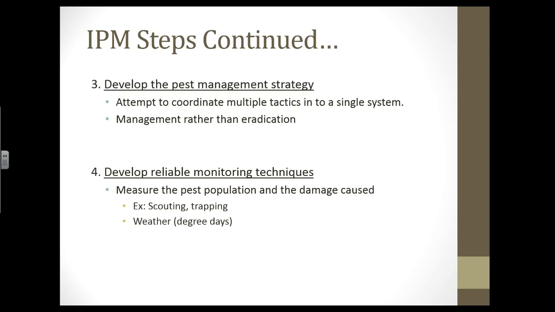It's just things that we do, but right now we're trying to work certain particular ones. So scouting, trapping, monitoring degree days. Anybody familiar with degree days? It's basically a temperature window that is suitable for, they talk about degree days for crop growth, but also for insect development.